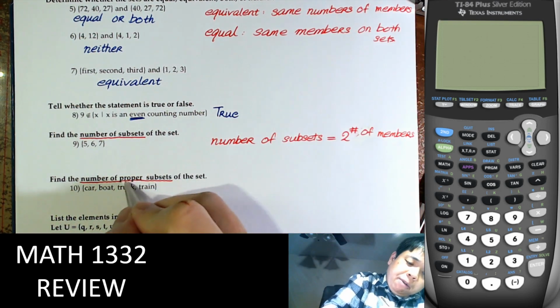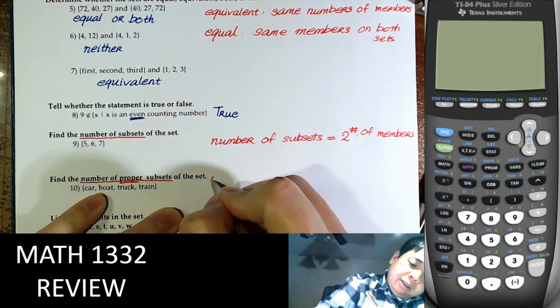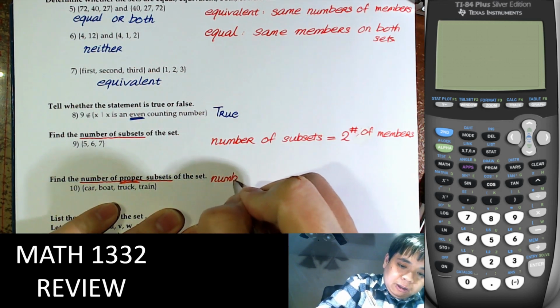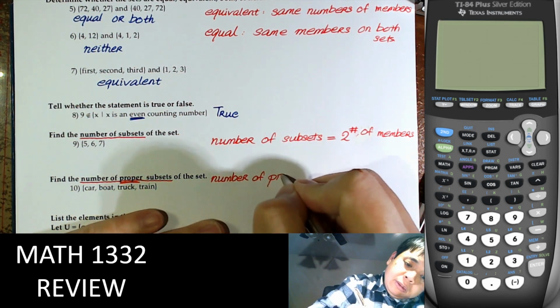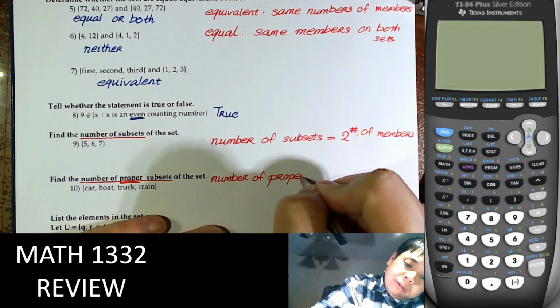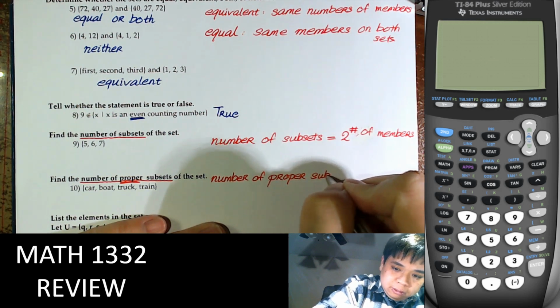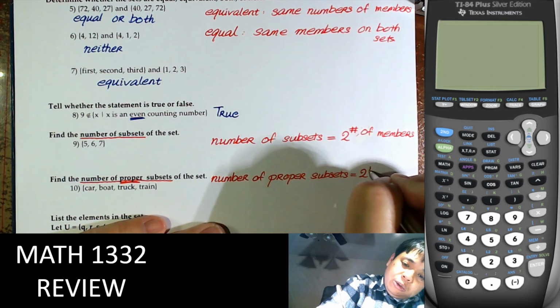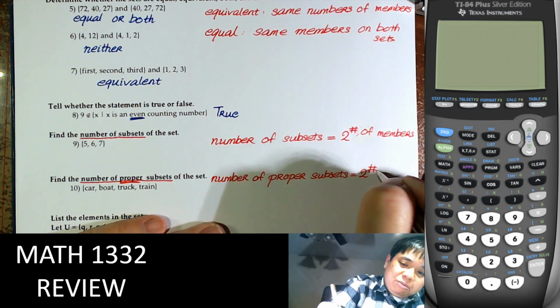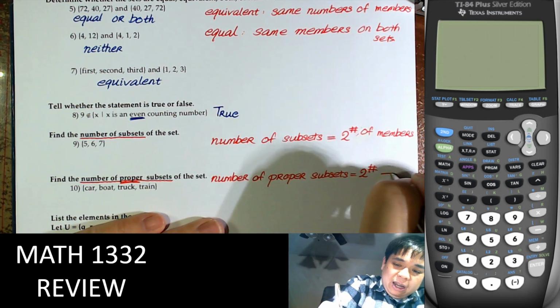And the number of proper subsets is 2 to the number of members, and then minus 1.